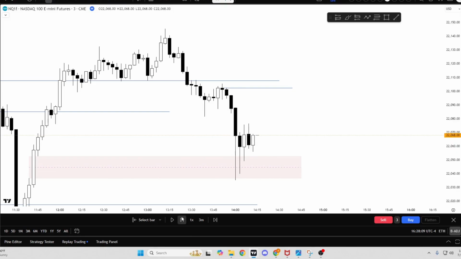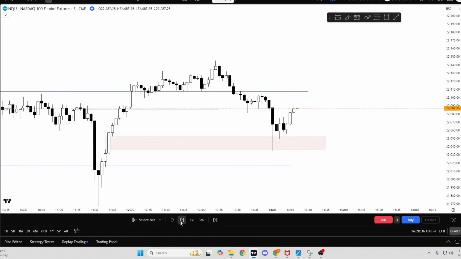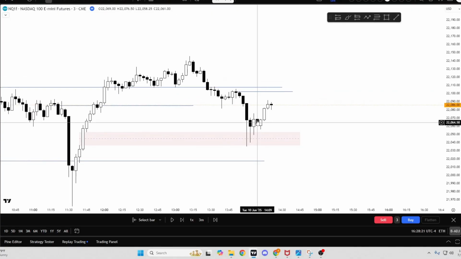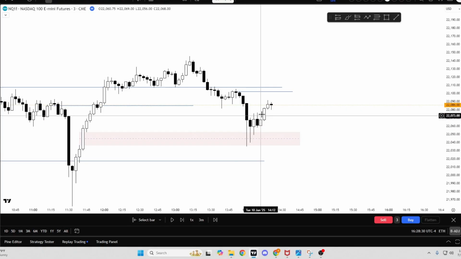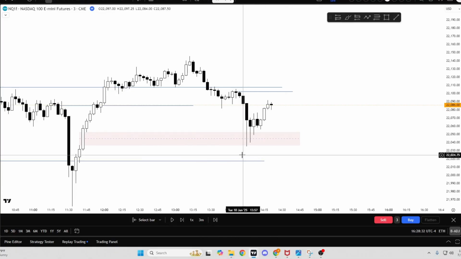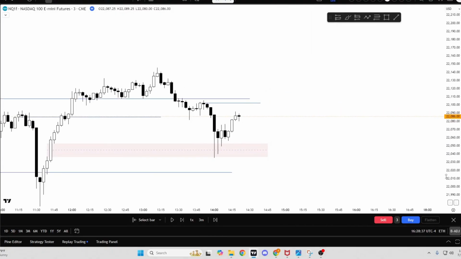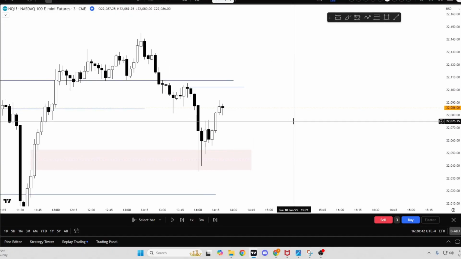So we do that for a bit, and then we come here, and then we start consolidating in this area. If we're going to take this low, we shouldn't be making this run back up here. We should be closing here somewhere and then consolidating, manipulating, and then dumping. We shouldn't come all the way back up here and then back up here. So this tells me that we might actually close above and then head higher.